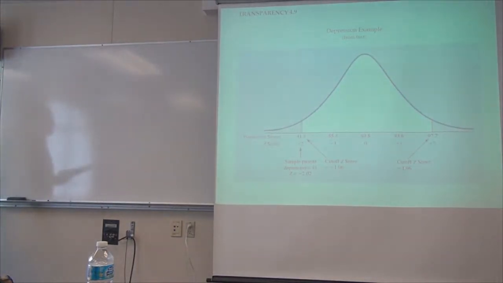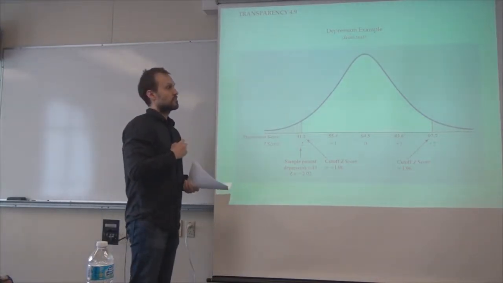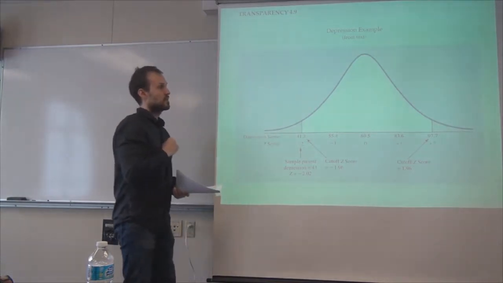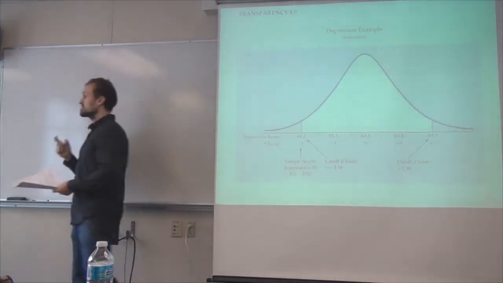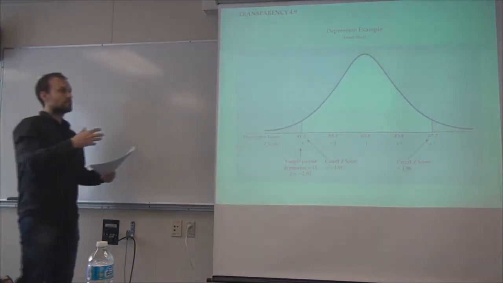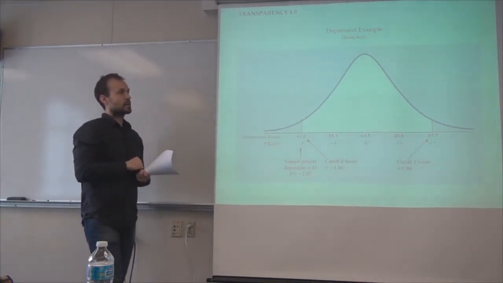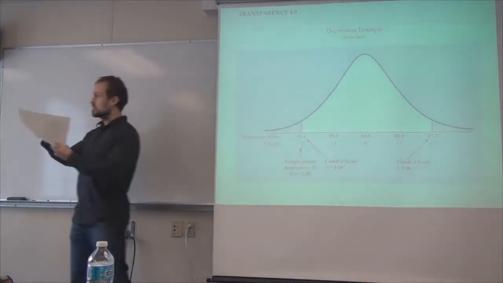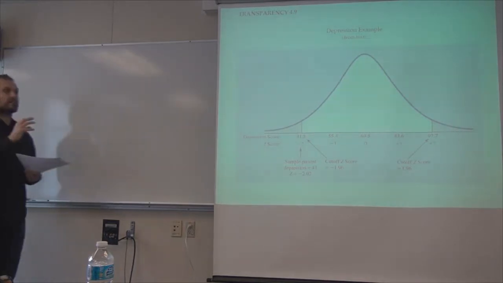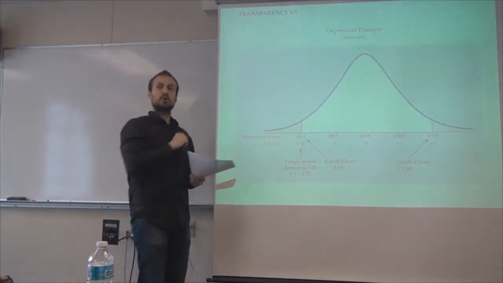Now, in general, that might not be the best idea because when I pick just one person from the population, I could get an extreme value. That person might not be representative of the whole population. So what would make more sense is to select a sample of individuals and look at the average score among those sample values and use that average to compare, that sample mean, to the population mean.